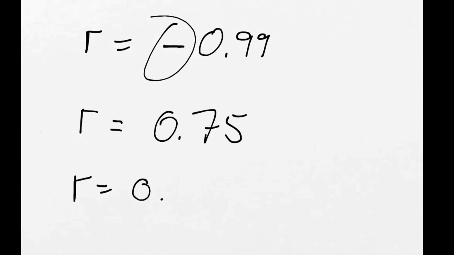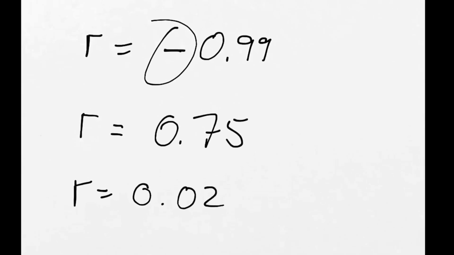R equals 0.02. Positive or negative? It would be positive, yes. But look at the number. It's pretty close to 0, isn't it? Which actually means there's no correlation. It could be like our Haribos. So only if it is above 0.5 or below -0.5 would we consider it as medium.